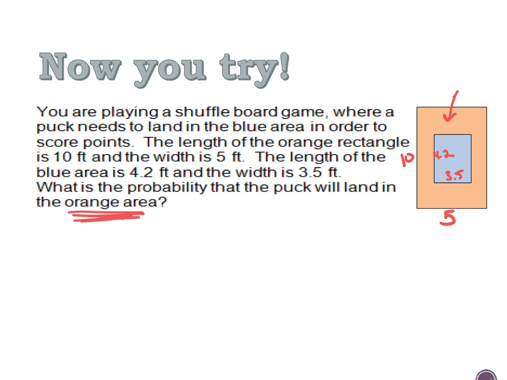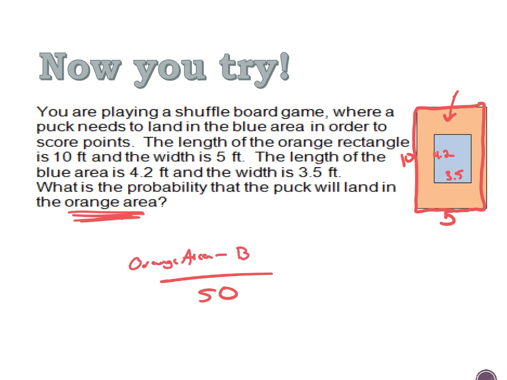So if you notice, the whole image is what it's going to be out of, the entire big rectangle, which is the orange one itself, and that area is 5 times 10, which ends up being 50 square feet. To find the remaining area, we have to take the orange area and subtract out the blue area. That's going to give us the remaining orange area total.